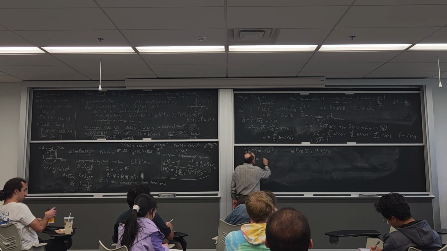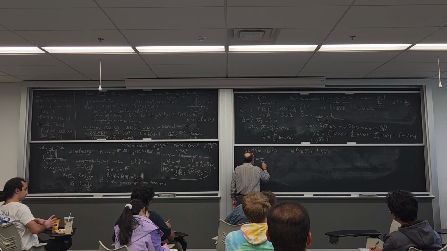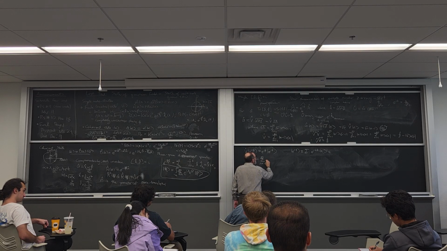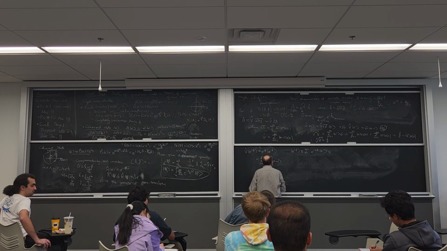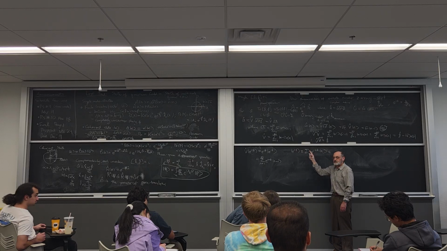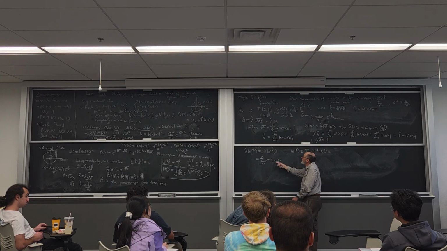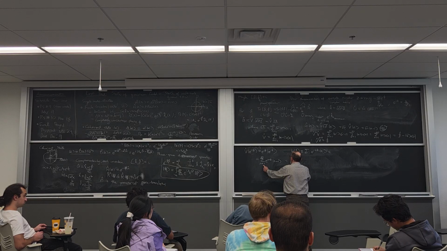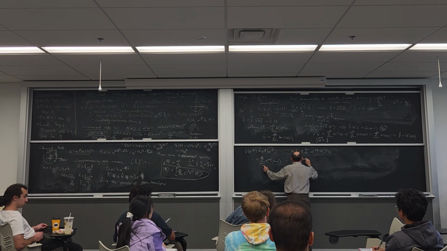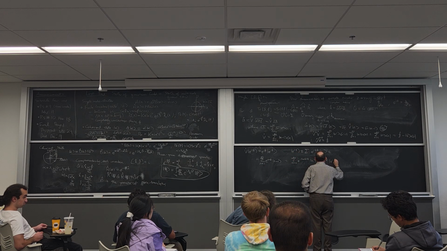I'm going to get the sum over n equals 1 to infinity of e to the i phi n minus 1. When I act that on that, it takes n to n minus 1. And now I can just relabel this, start at n equals 0. Ta-da, that's a good state.